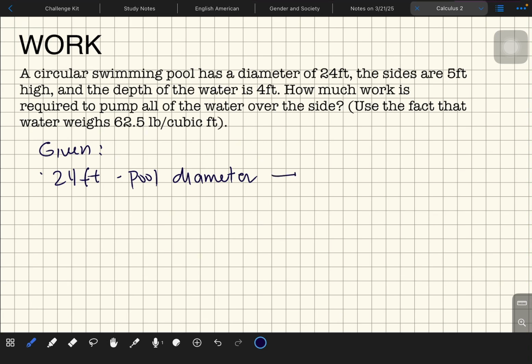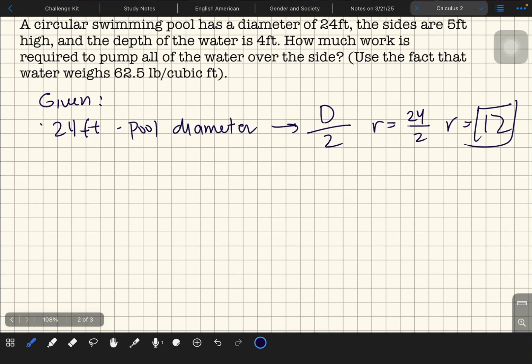The formula of the radius is equal to diameter over 2. So therefore, r is equal to 24 over 2. So r is equal to 12. So our radius is 12.